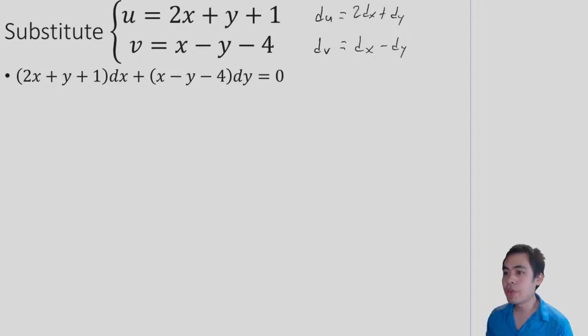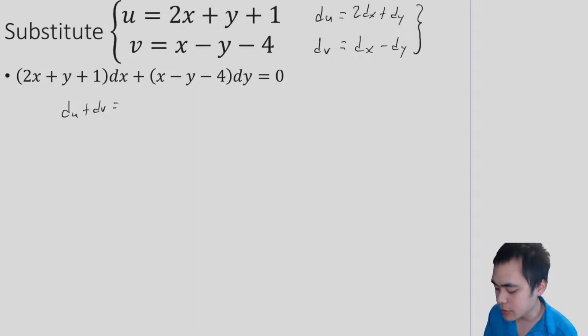Okay, so now we have this substitution, and the first thing we need to do is substitute all these different pieces. So I'm going to compute what dx and dy are from here, because then I can substitute those in for dx and dy. The first thing you'll notice is that if you add these two together, you end up with du plus dv is equal to 3dx.